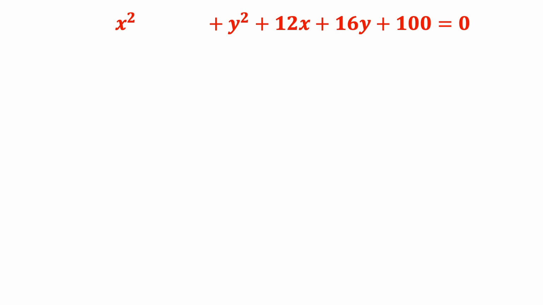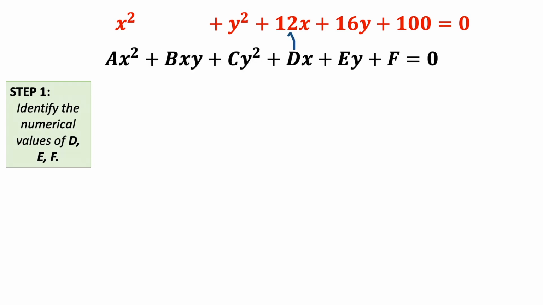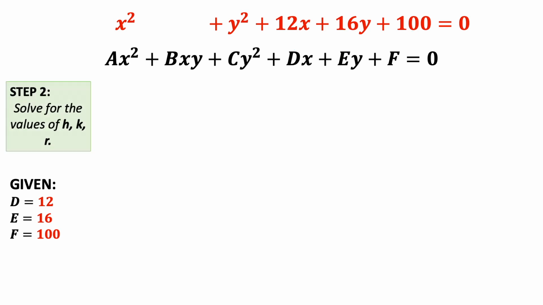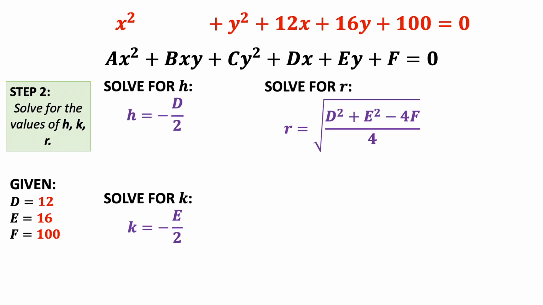To use the formulas, we need to identify the numerical values of d, e, and f. Following step 1, I will have d equals 12, e equals 16, and f equals 100. In step 2, we will now solve for the numerical values of h, k, and r using these formulas.